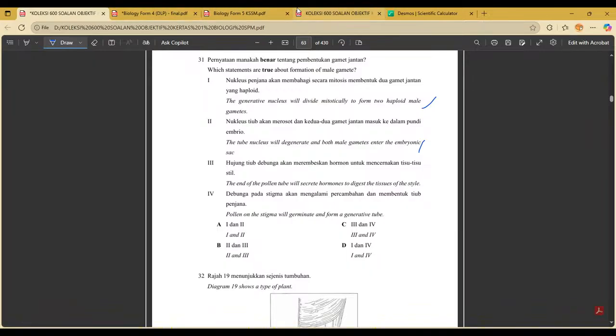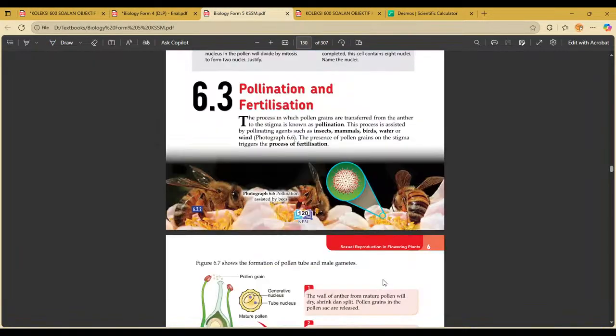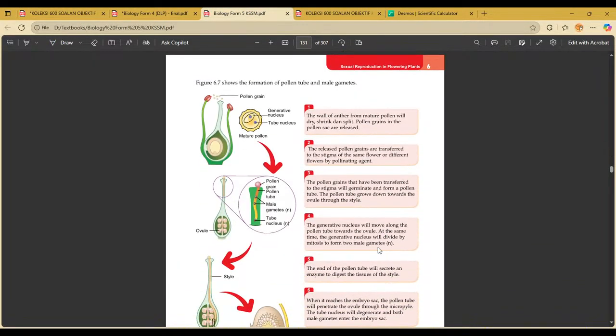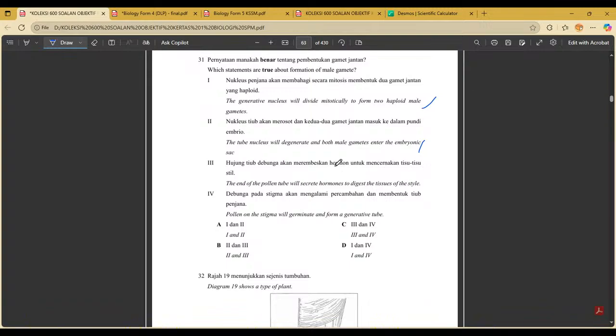End of the pollen tube. Is it pollen tube or... secrete an enzyme, not a hormone? Pollen on the stigma will germinate and form a generative tube.